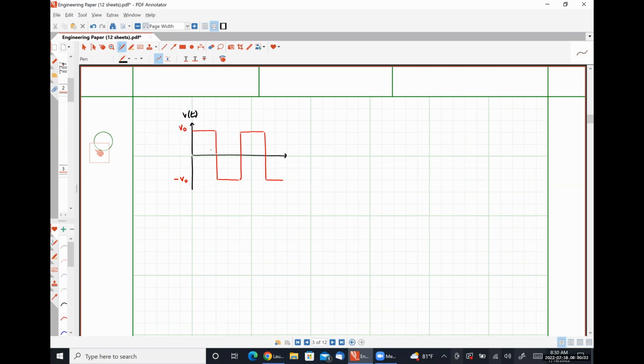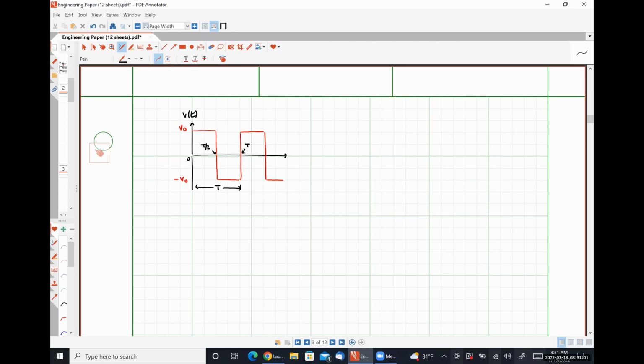So if this is 0, and this point in time is capital T, this point in time is capital T over 2, right? So we're saying effectively this length of time defines 1 period.